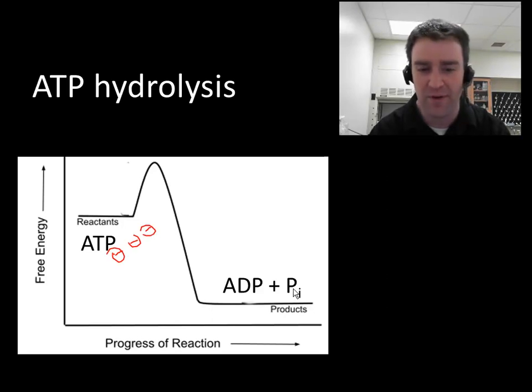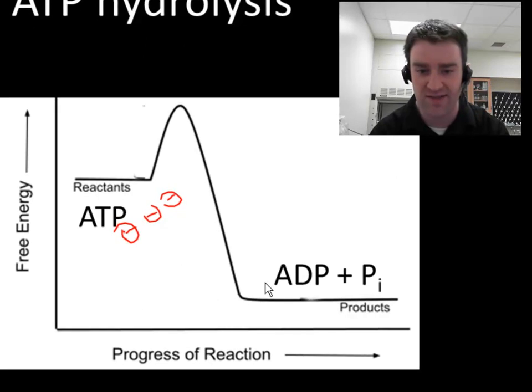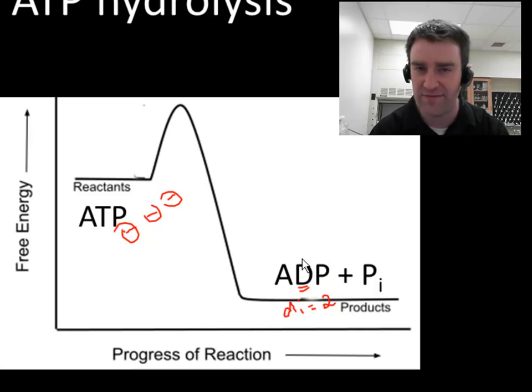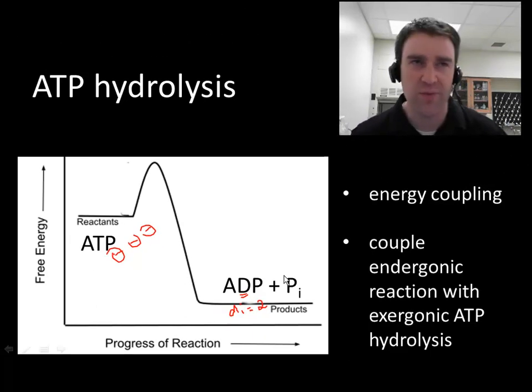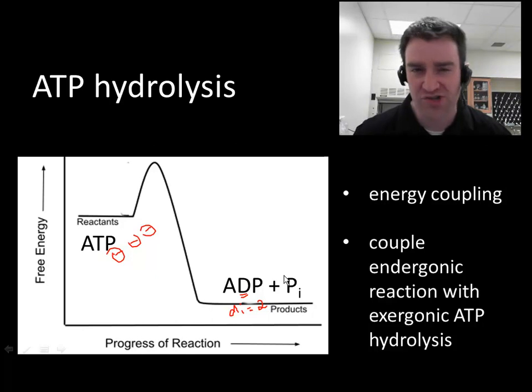And if it can pop off one of those phosphates, it would become adenosine diphosphate. Di means two. So there'd be two phosphates still left on there, but you're getting rid of a phosphate and all of its negative charges. That's going to be much lower in energy. So what we're going to see is that what we can do with ATP is what the College Board calls energy coupling.